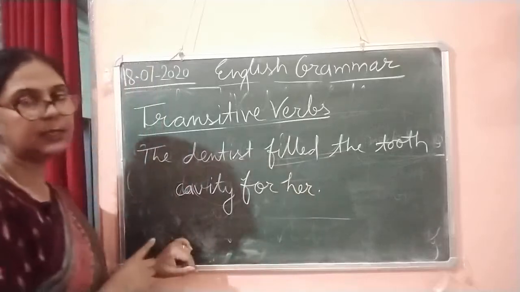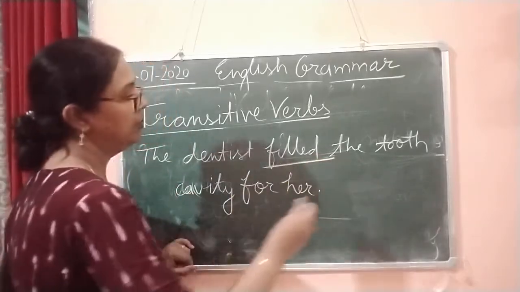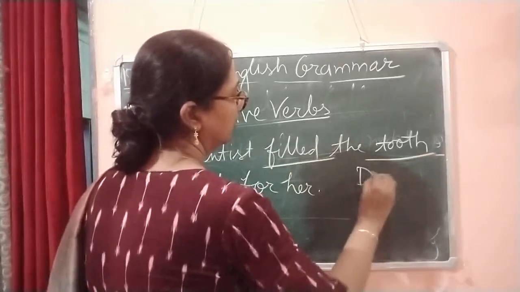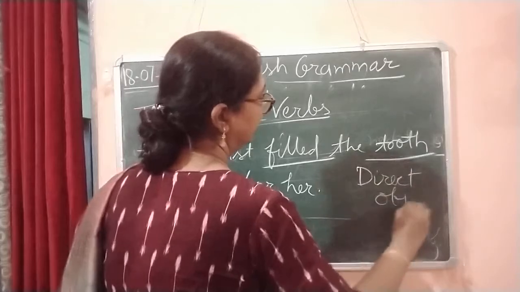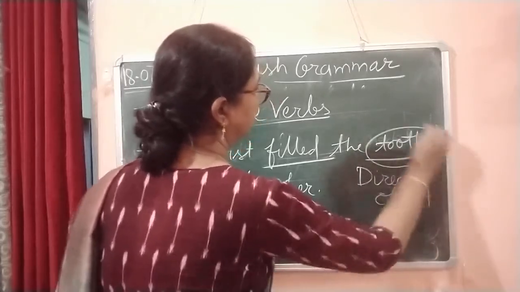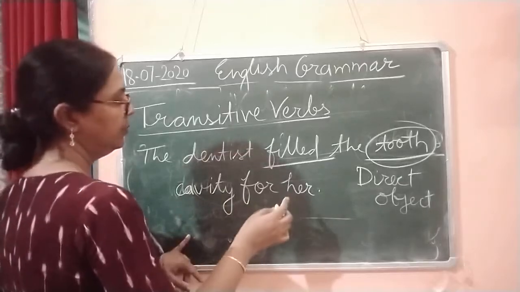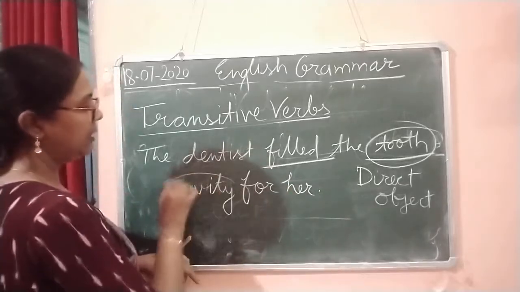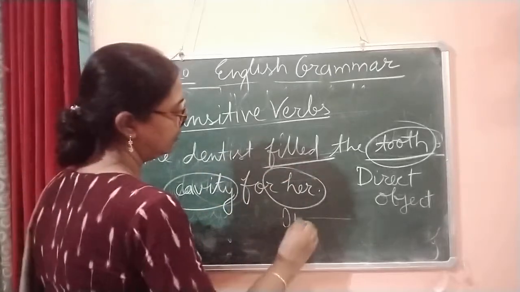Again, this sentence has two objects. Filled is the verb, tooth cavity is the direct object, and her is the indirect object.